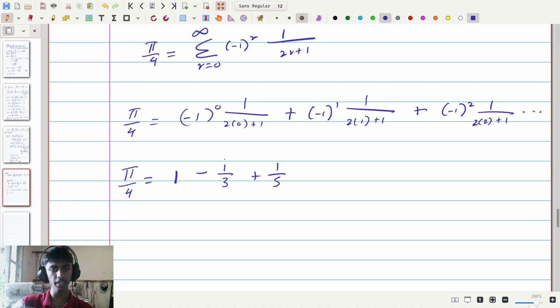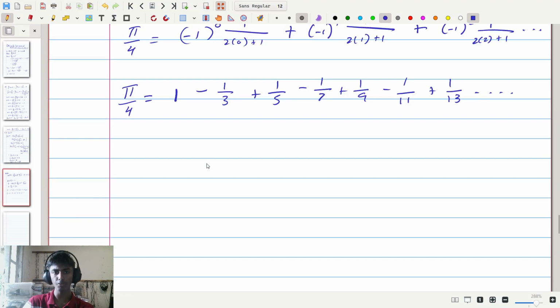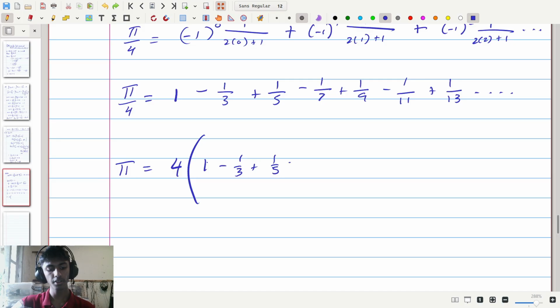The next term is negative 1 divided by 7, and then plus 1 divided by 9, minus 1 divided by 11, and then plus 1 divided by 13, and so on. So therefore, the value of pi is equal to 4 times this infinite sum, which is 1 minus a third plus a fifth minus a seventh plus a ninth minus an 11th plus a 13th, and then minus a 15th, and so on.